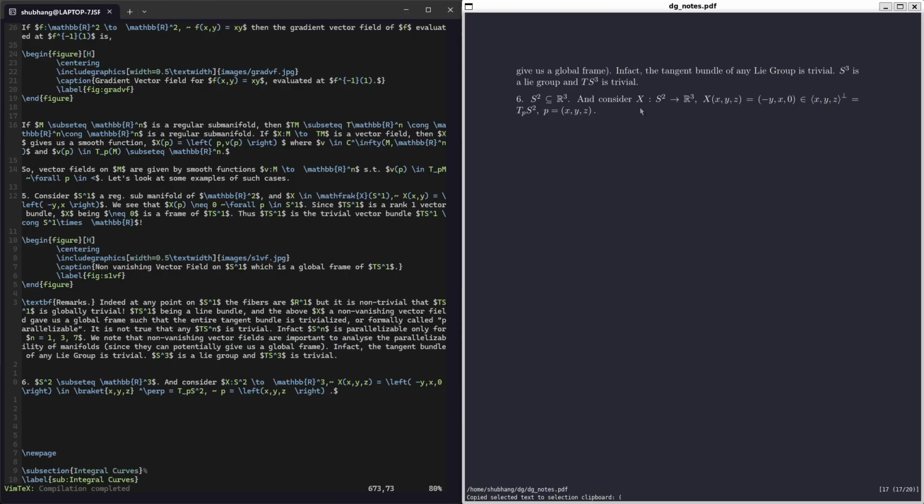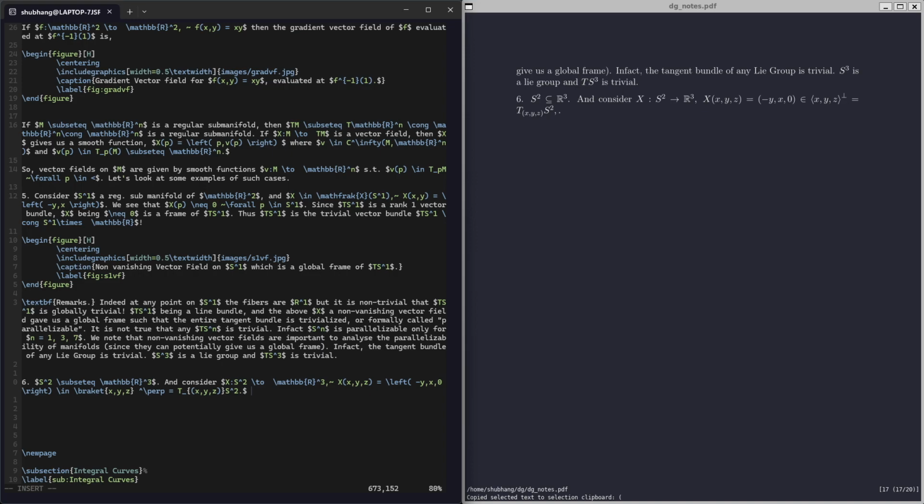Consider S2 inside R3, with TpS2 at p belonging to (x, y, z).